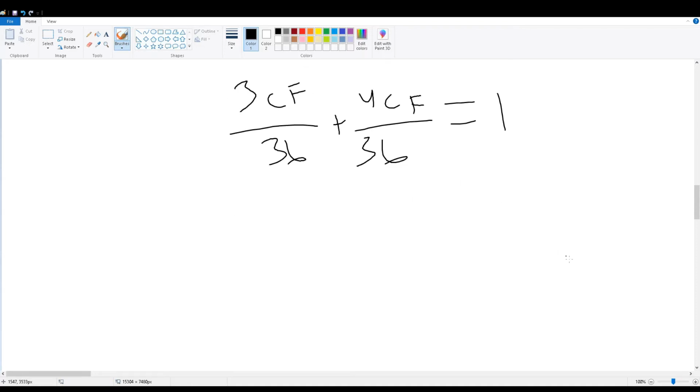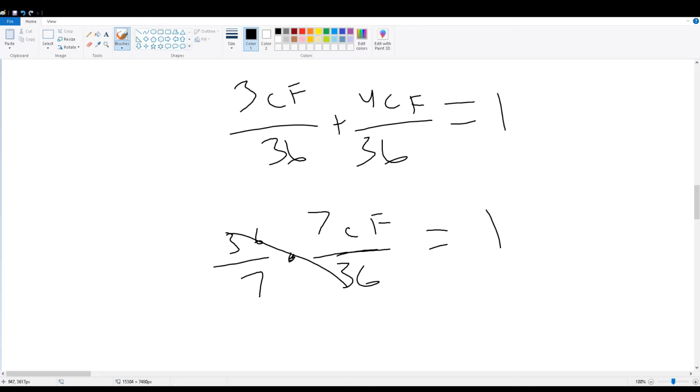And that means 7CF over 36 is equal to 1. Now if we multiply by the reciprocal of 7 over 36, we get CF is equal to 1 times 36 over 7, or CF is equal to 36 over 7.